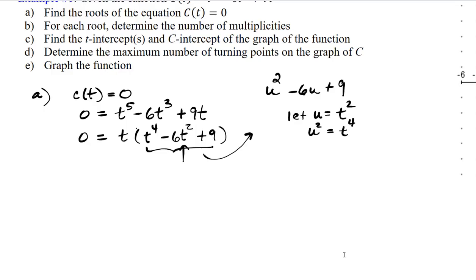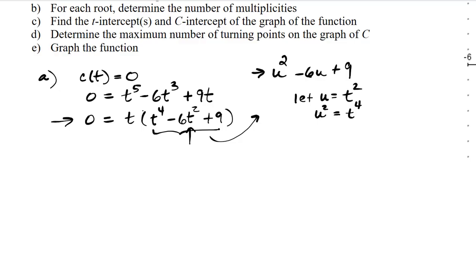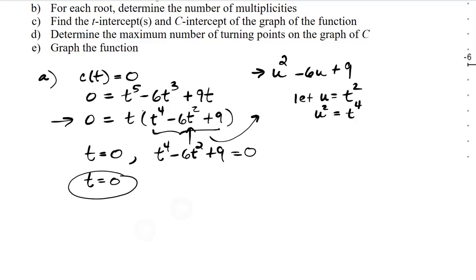And therefore, solving the 4th degree equation there is equivalent to solving a quadratic equation. From here, we can apply the zero product property to solve for t, setting each factor to 0. So t equals 0 obviously is one of the solutions.